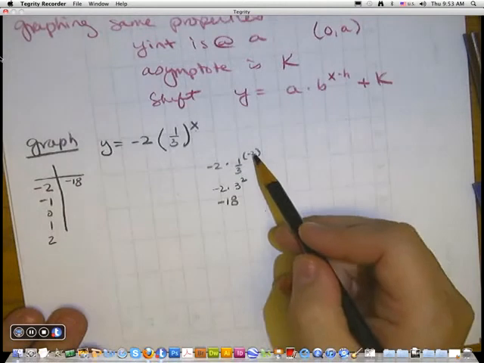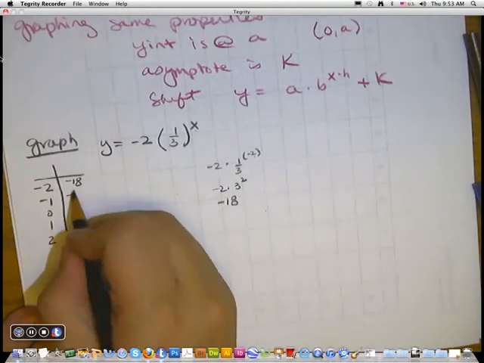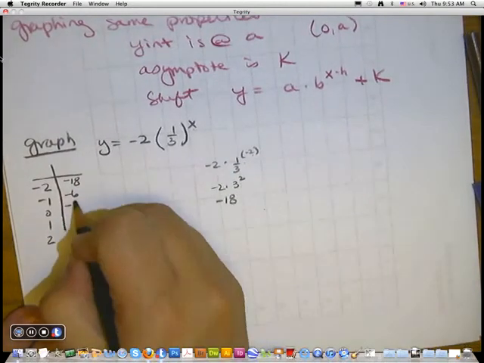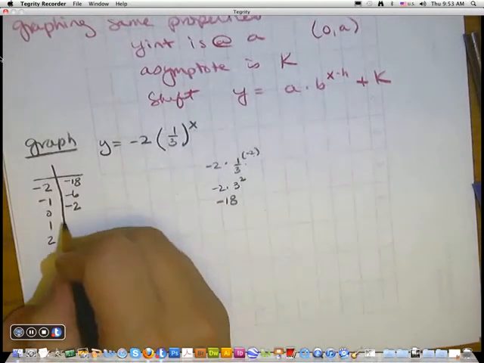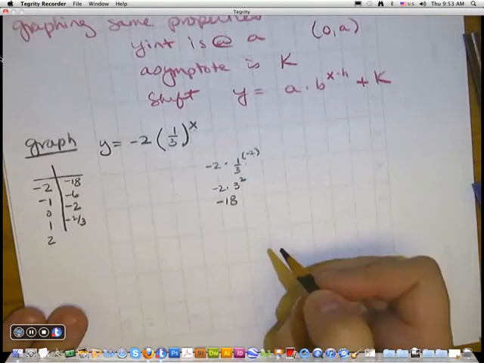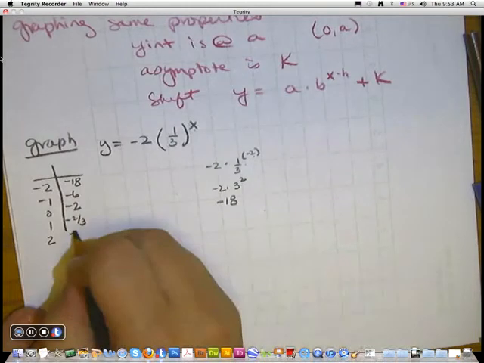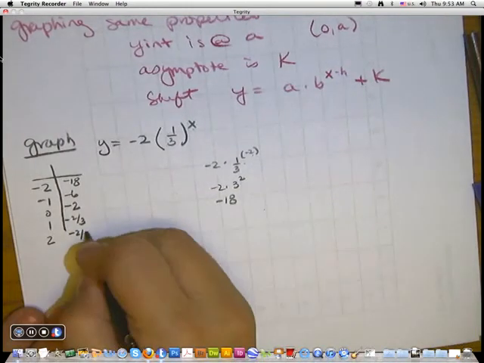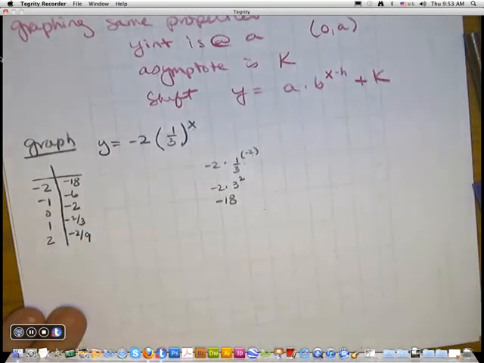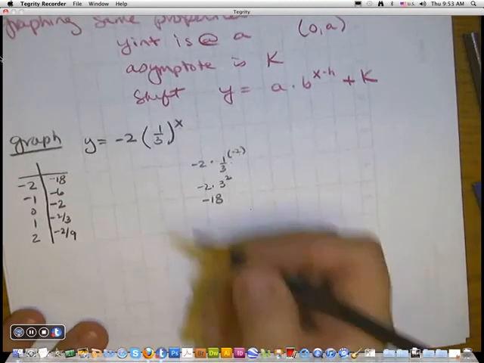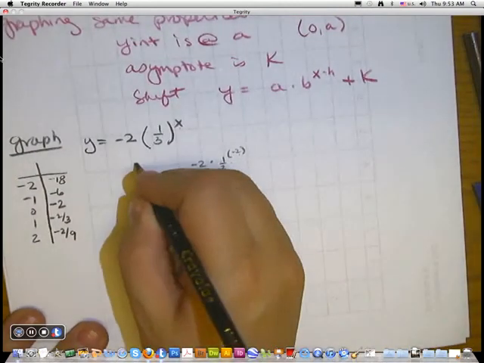Plug in a -1, we get -6. Plug in a 0 is -2. Plug in a 1 is -2/3. And plug in a 2 is -2/9.